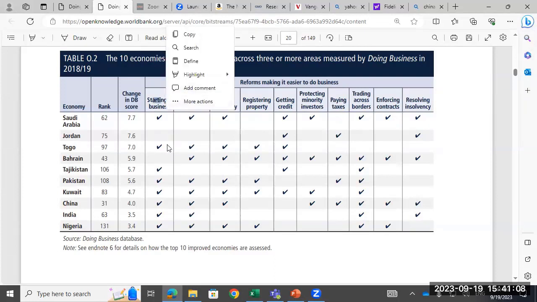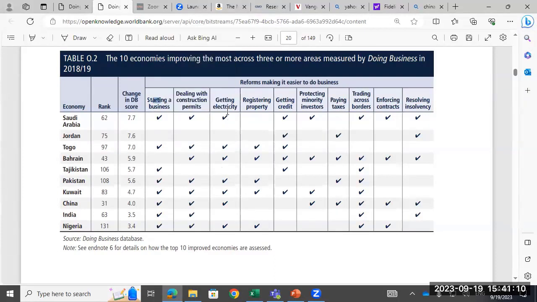Starting a business, dealing with construction permits, getting electricity, that may seem easy, but it's not in some places. Registering property, getting credit, borrowing money, protecting minority investors, paying taxes, trading across borders, enforcing contracts, resolving insolvencies. These are the kind of things they're looking at.